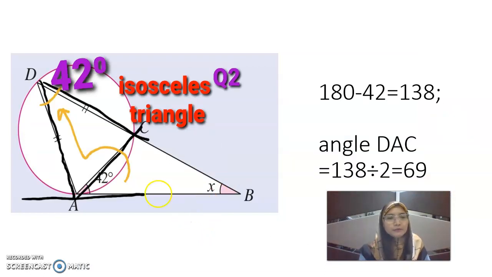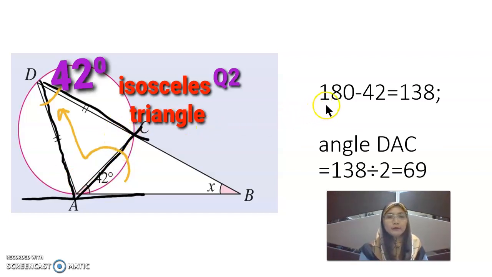Angle 42 is labeled over here. Then you may find out what is the angle for DAC and angle DCA.